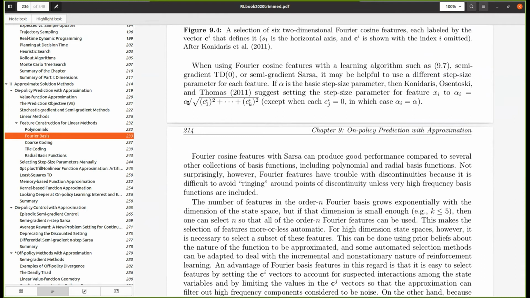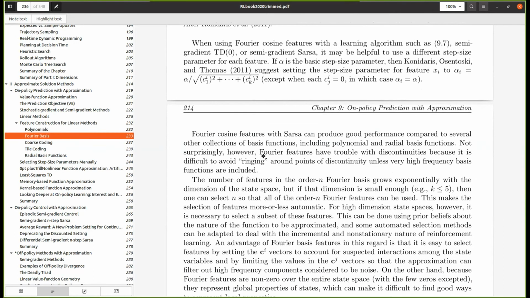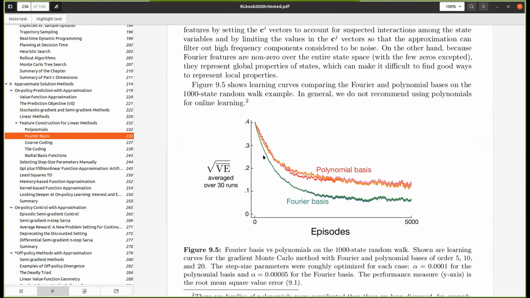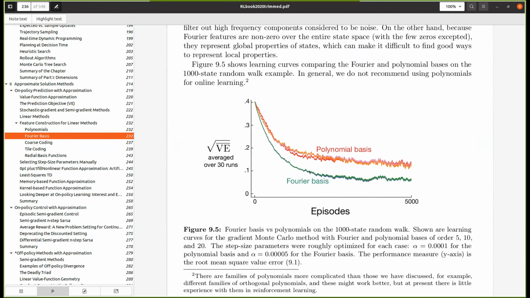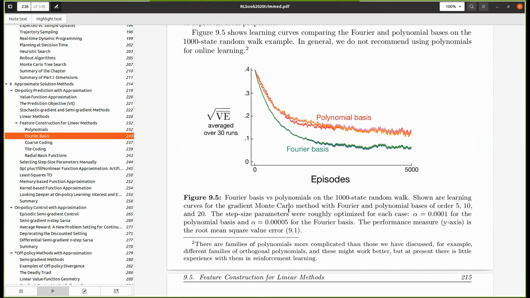So we normalize it by the square root of the sum of squares of all C sub i's. And in practice, it is claimed that the Fourier bases perform better compared to the polynomial basis. But these are results for the random walk example, the same we considered before.